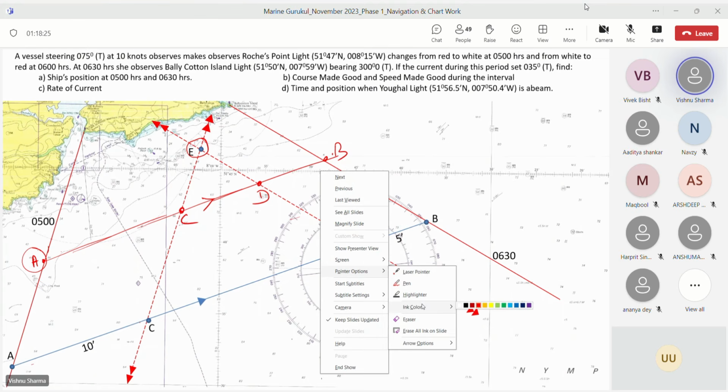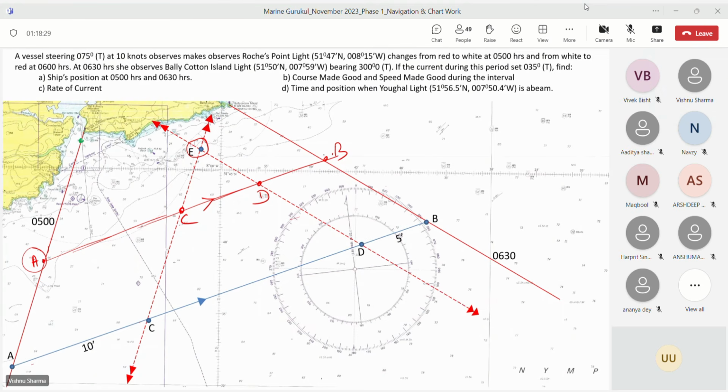Now, okay, if somebody takes point right above, somebody takes it here, then what happens? For him, this is B. When he takes 10 miles, the C will come here. Correct, Beta? 10 miles from A, C will come here. Am I right? Yes, sir.